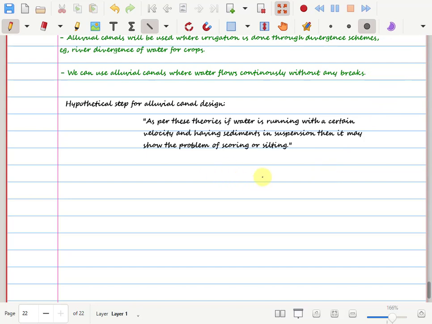Let's say we have a cross section of a canal.